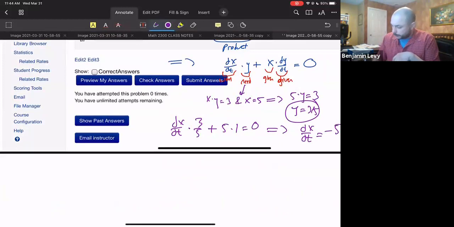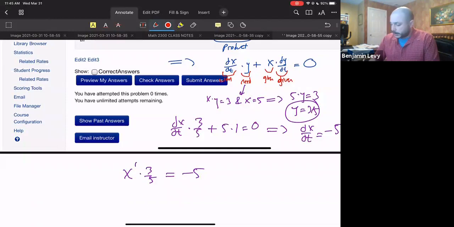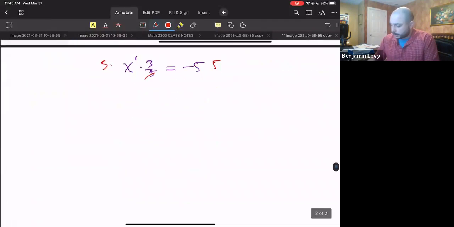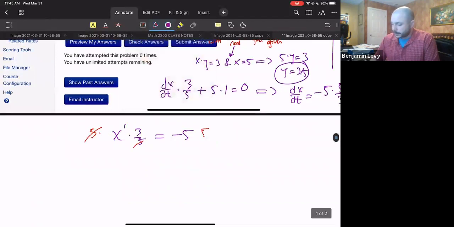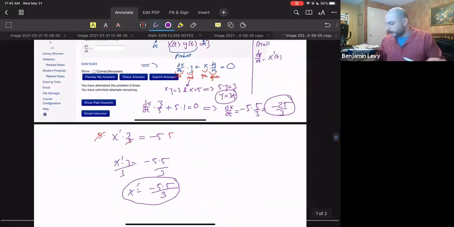So we have x prime times 3/5 equals -5. Is that all right? Subtract the 5 over. Yeah. So we want to get rid of dividing by 5. So we multiply by 5 so that these cancel. Thinking about this in terms of steps. And then we divide by 3. Other thoughts?